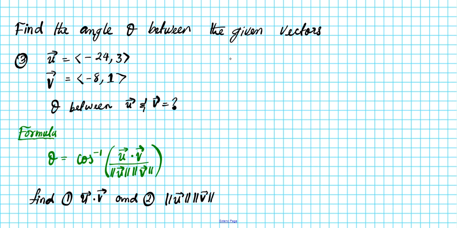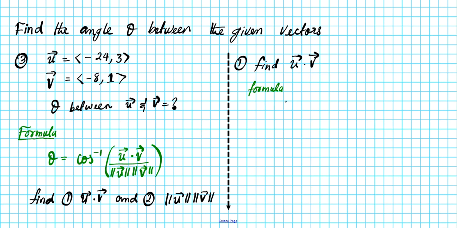So let's start with the first part. Let's find the dot product. So let's find u dotted with v. Alright, so let's write down the formula again for the dot product.